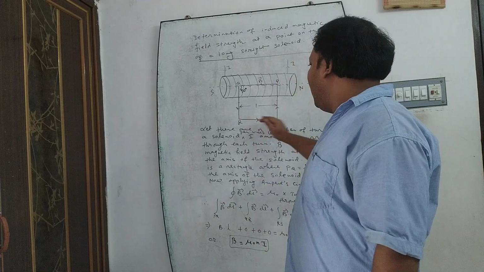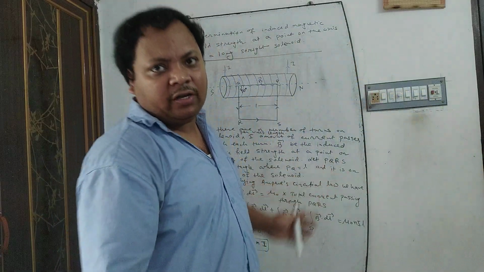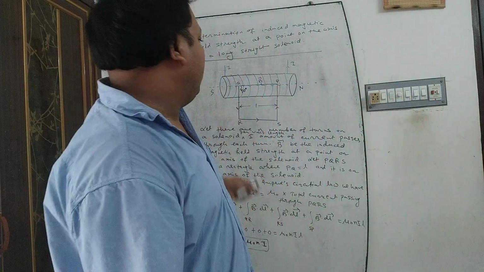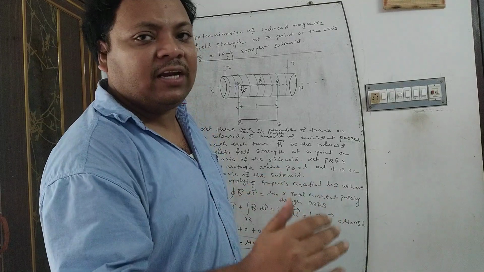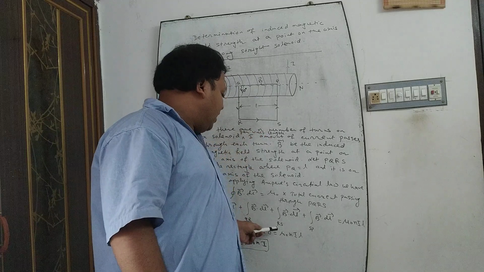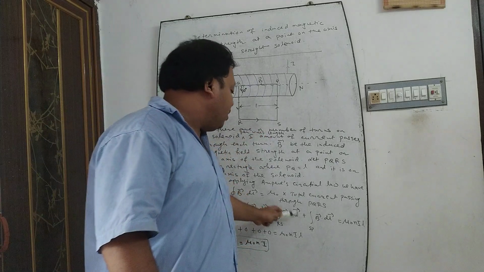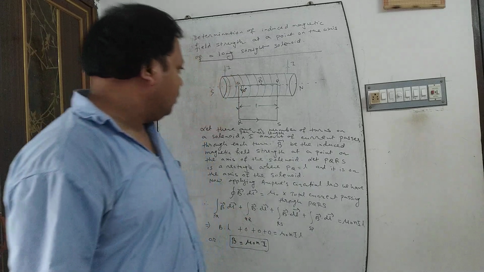That is, RS is very far away from the solenoid. That's why the magnitude of B on the line RS is very small. We can neglect the magnitude of B on RS. Therefore, the integration of B dot dl along RS will also be 0.